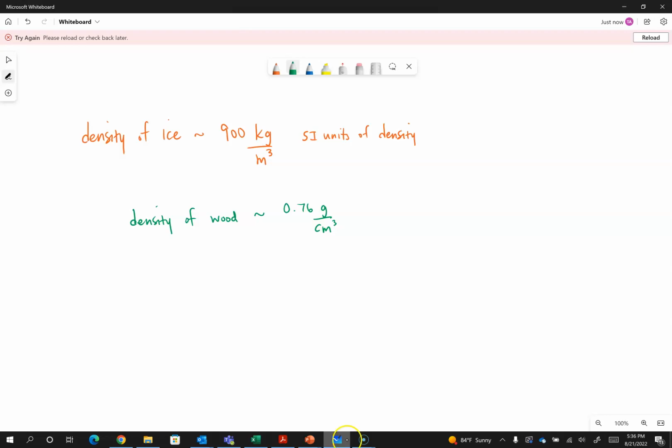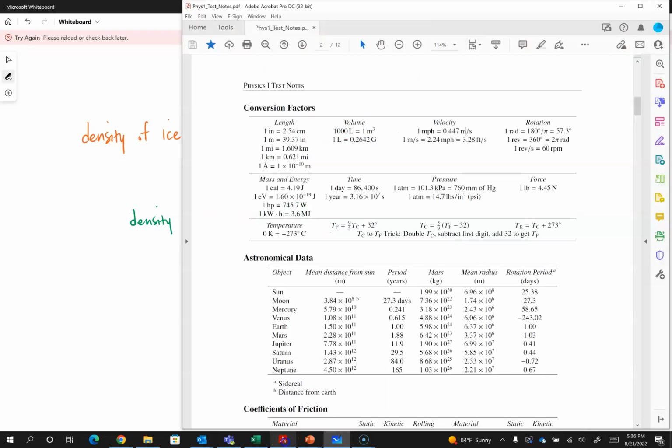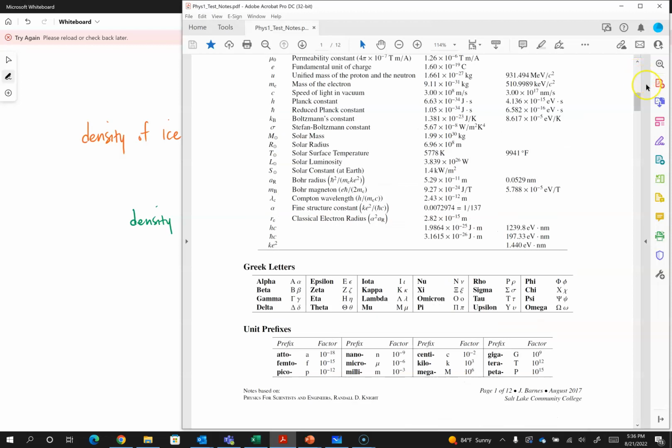Now, in terms of converting and dealing with prefixes, going back to the test notes, this bottom table on the front page is all these unit prefixes that we can see. So again, kilo, 10 to the third, means kilograms is 10 to the third, or 1,000 times bigger than grams.